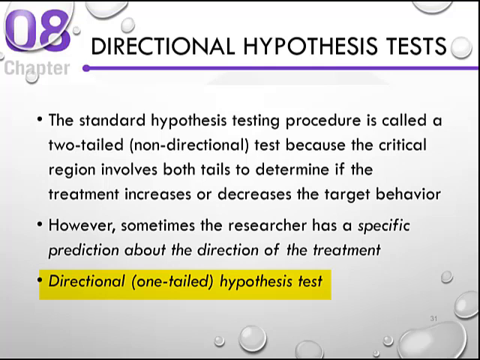So when a specific direction of the treatment effect can be predicted, it can be incorporated into the hypothesis. So we just have to be careful with the wording. In a directional or one-tailed hypothesis test, the researcher just specifies either an increase or a decrease in the population mean as a consequence of the treatment.